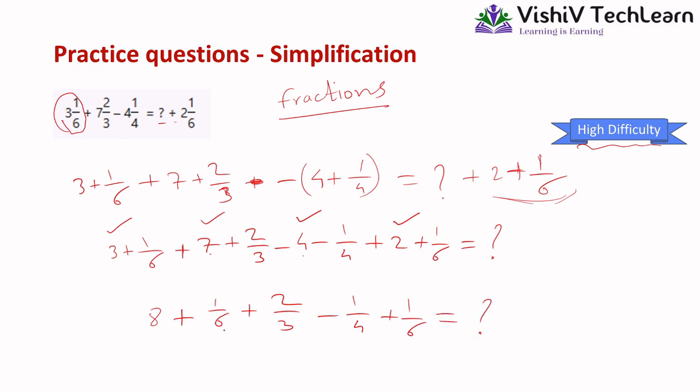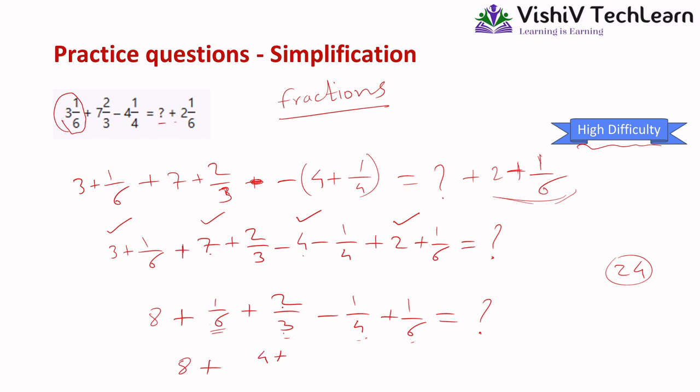Now if we consider the LCM of 6, 3, 4, 6, it will be 24. So we can have 24 over here, 24, 24, 24 at every place. So if we do that, then to make it 24 over here, we have to multiply by 4. So it will be 4.